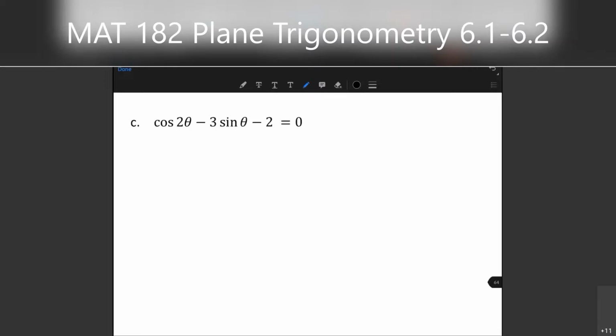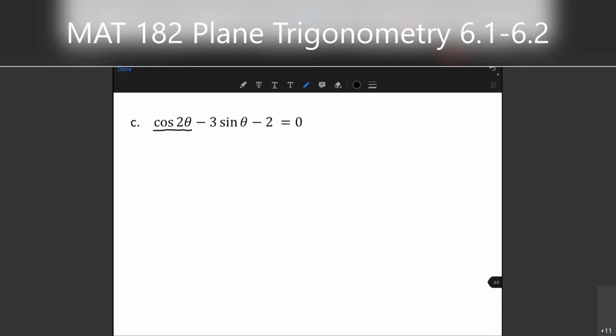We know that there are a few identities for cosine 2 theta, and that might be helpful in this case as well. So what would be a representation of cosine 2 theta that involves sine? So we can turn this into an equation of sine. Yeah, I think you can use that for sure.